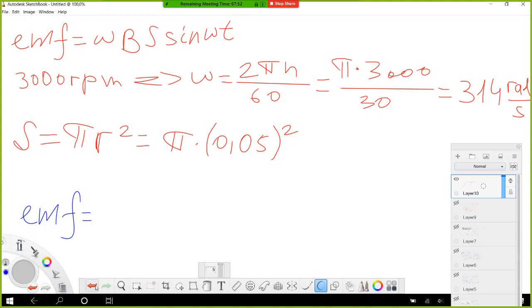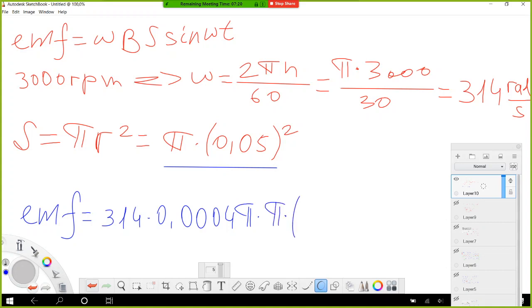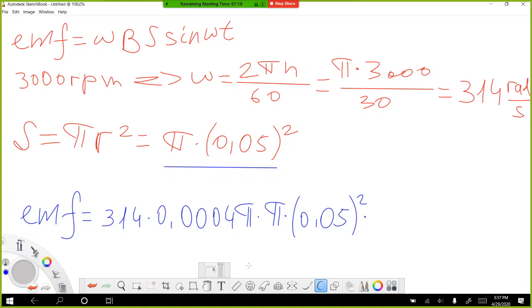Omega we found is 314, multiplied by B, which was 0.0004 pi, multiplied by S, which is pi multiplied by 0.05 squared, multiplied by sine omega t.